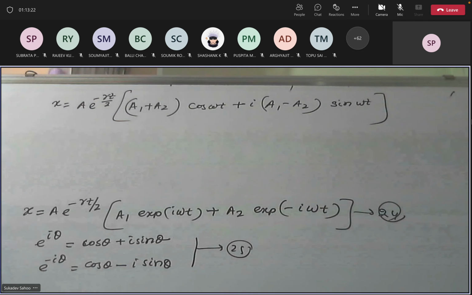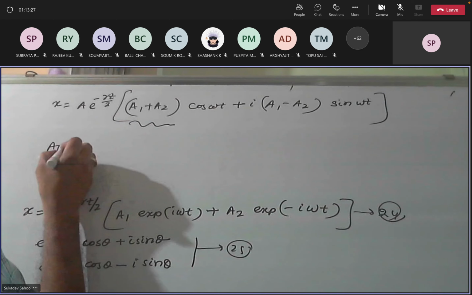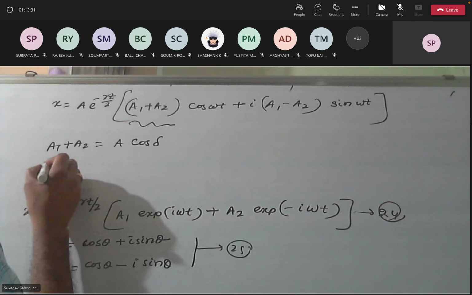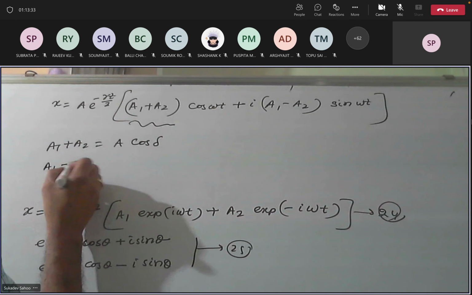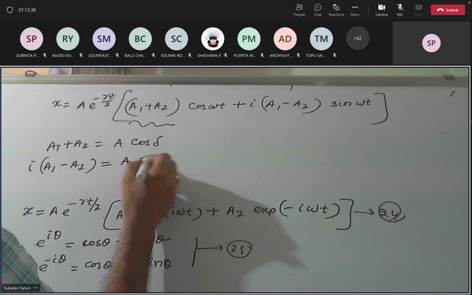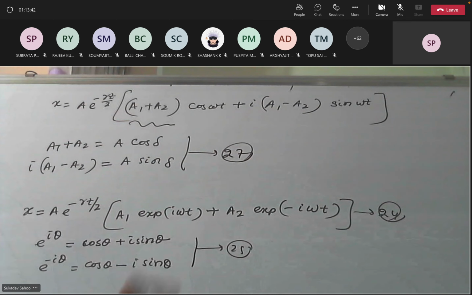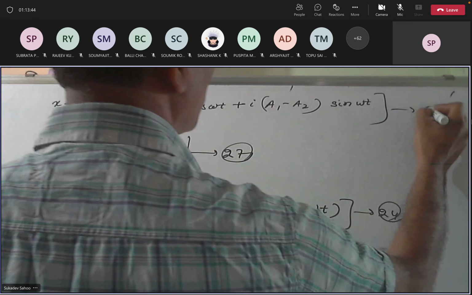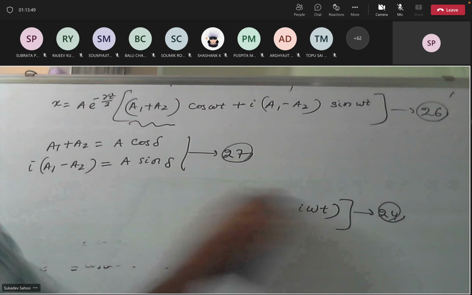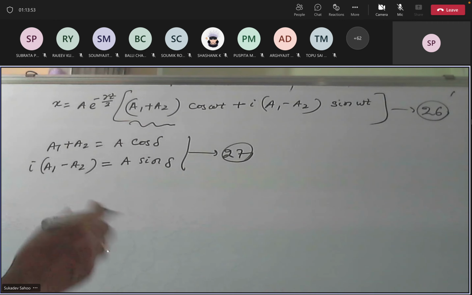If we substitute a1 plus a2, suppose equal to a cos delta, and (a1 minus a2) times i equal to a sin delta, in equation number 26, then what will we obtain?